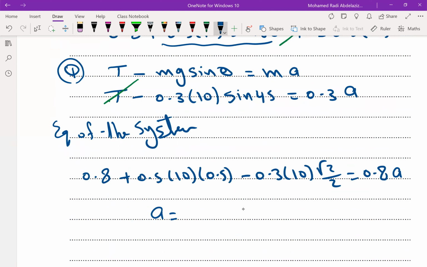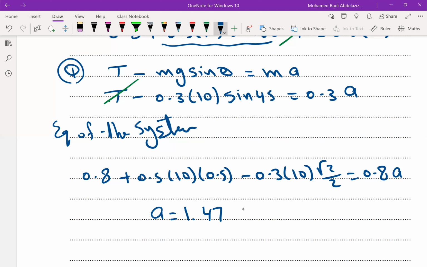0.8 plus 0.5 multiplied by 10 multiplied by 0.5 minus 0.3 multiplied by 10 multiplied by root 2 divided by 2, equals, then divide this answer by 0.8, you will get the value of the acceleration, 1.4733.